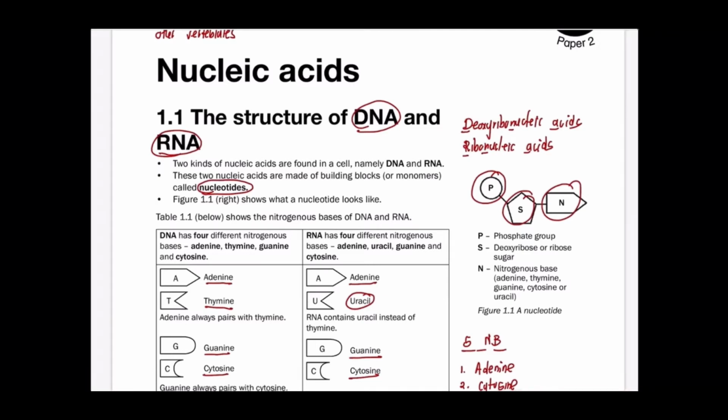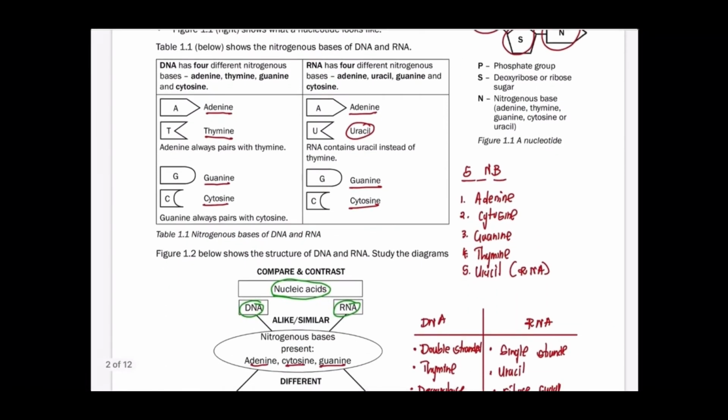And the difference between DNA and RNA, in terms of nitrogenous bases, is the fact that DNA contains thymine and RNA contains uracil. So there are basically 5 nitrogenous bases that you have to keep in your mind, as I've said: adenine, cytosine, guanine, thymine, as well as uracil.